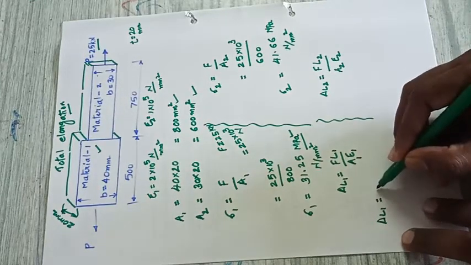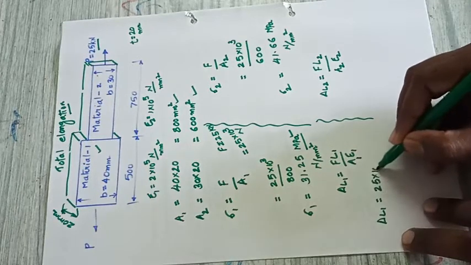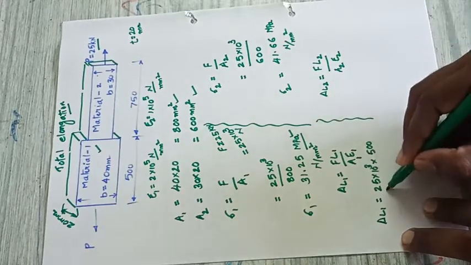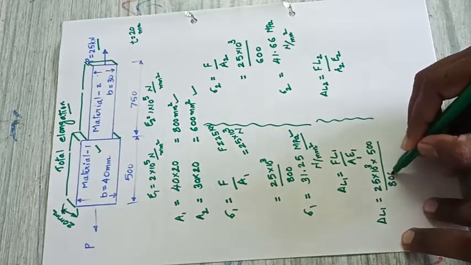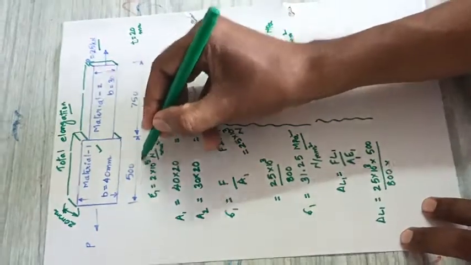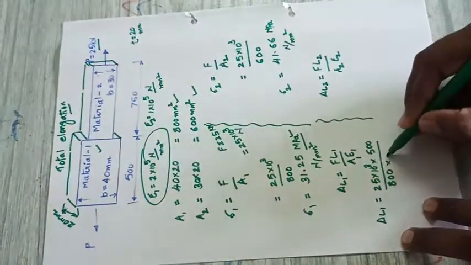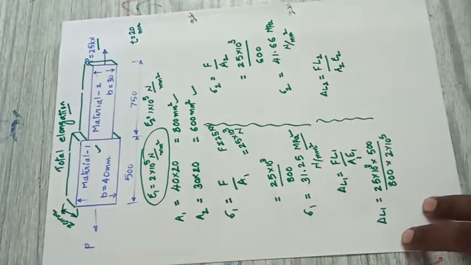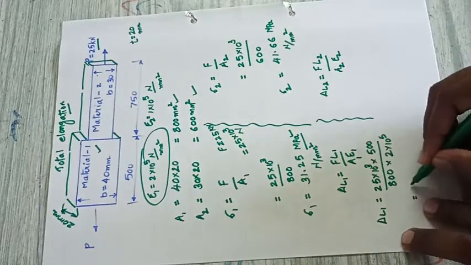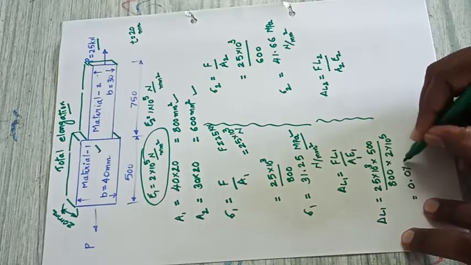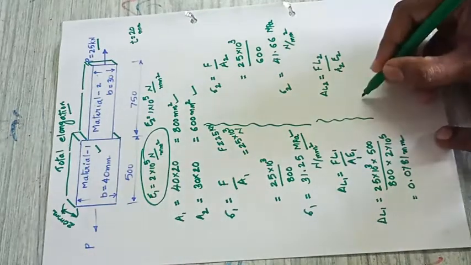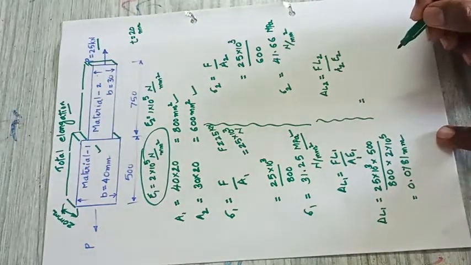The force is 25 into 10 raised to 3, length is 500, divided by area 800, into the Young's modulus, which is given here as 2 into 10 raised to 5. The answer is 0.078 mm.